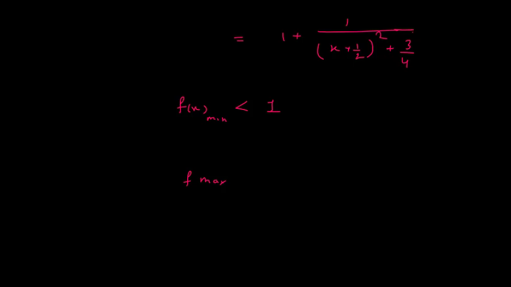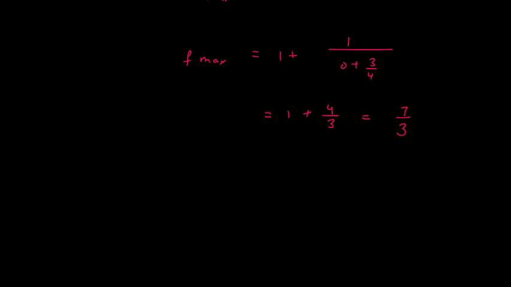And for f maximum, this term will become 0. So for f maximum it is 1 plus 1 divided by, this is 0 plus 3 divided by 4. So it is 1 plus 4 divided by 3. Now 3 plus 4, 7, 7 divided by 3. So therefore the value of f(x) lies between, it is greater than 1 and less than or equal to 7/3.